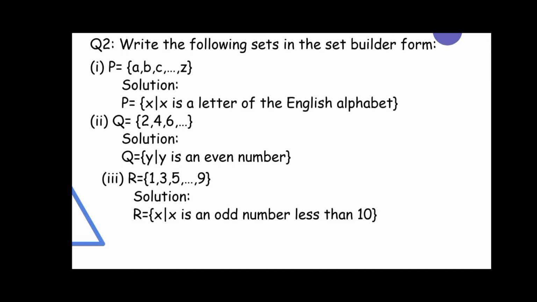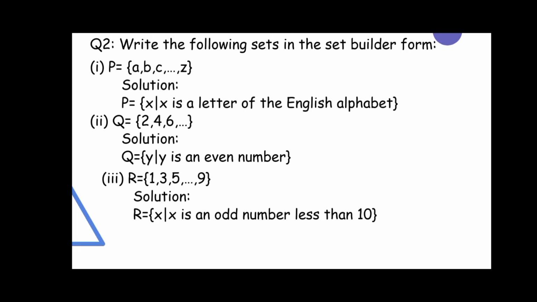So part 1 is P equals A, B, C and so on to Z. First of all, we need to observe what this set is. This set is basically the set of English alphabets, right? So we can write P equals curly bracket and we have to write any letter, be it X, Y, Z or whatever.